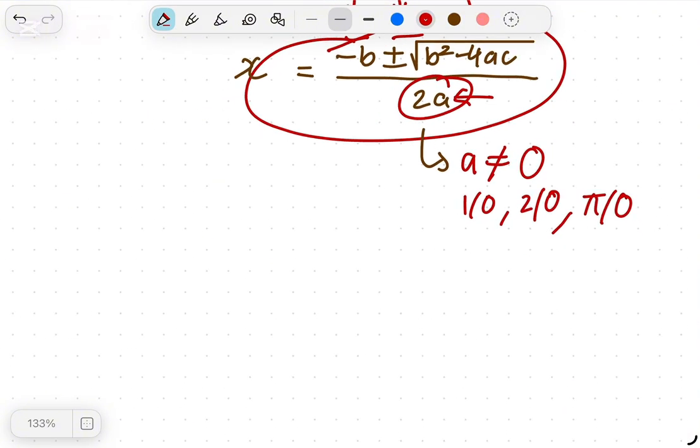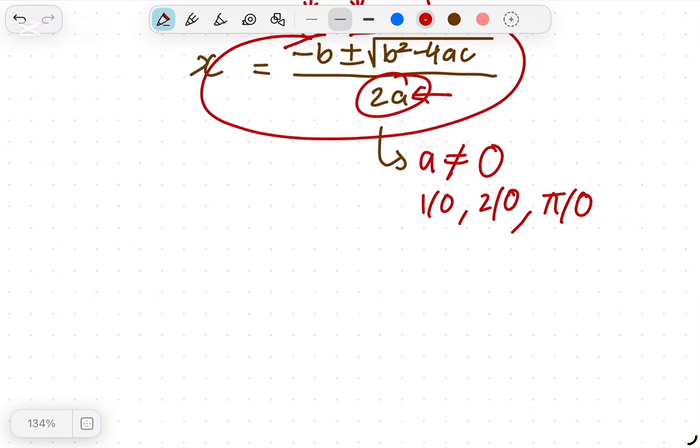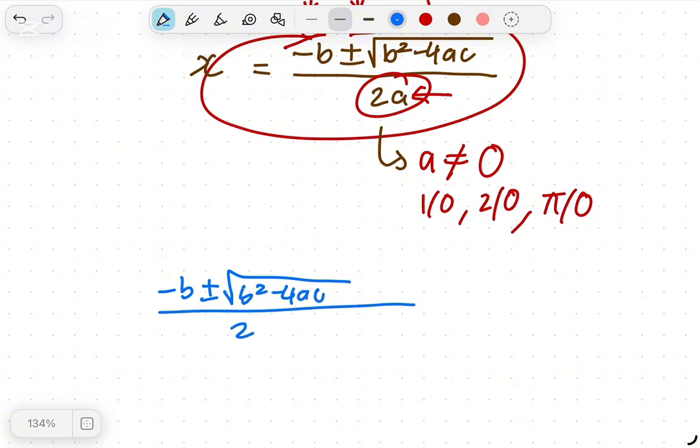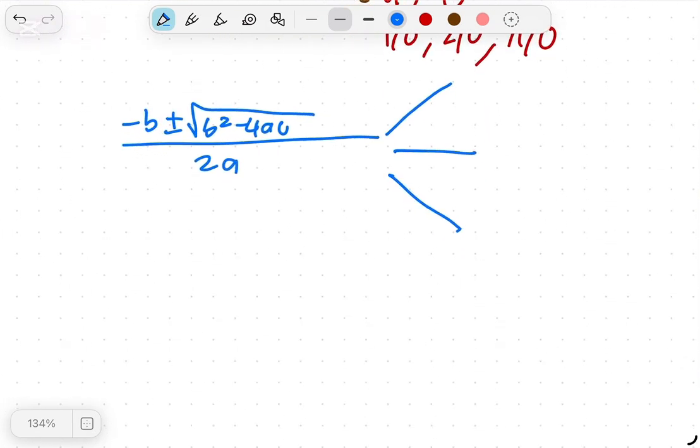So that's it. Oh yeah, when we say the formula is minus b plus minus the square root of b squared minus 4ac over 2a, there are 3 different types of scenarios we need to look out for.